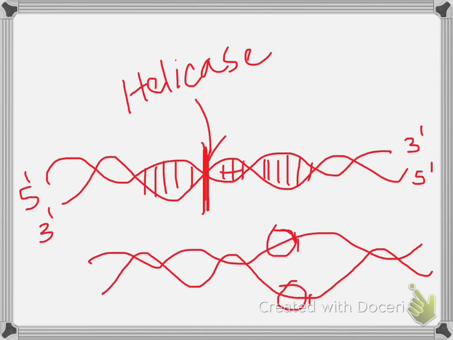This is to prevent the rejoining of these two strands. Both strands are separated by the helicase, and the rejoining of these strands is prevented by the protein SSB, single strand binding protein.